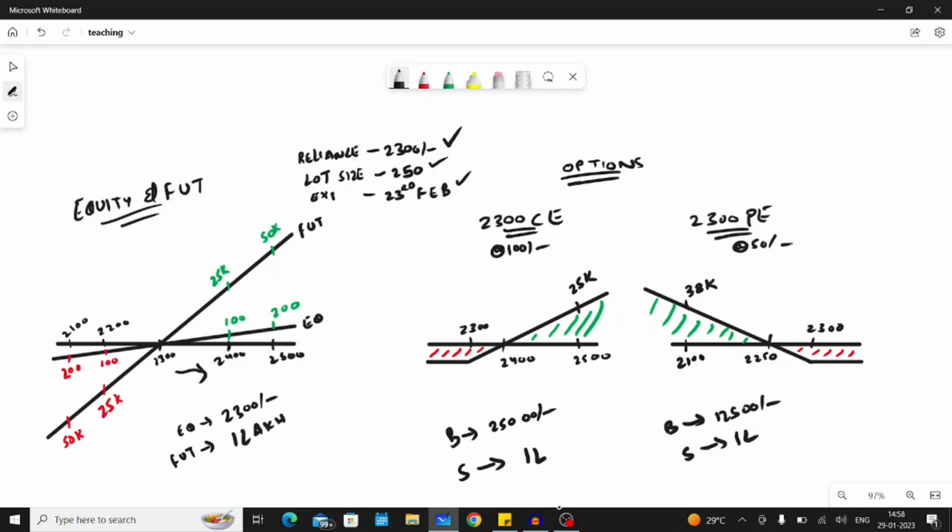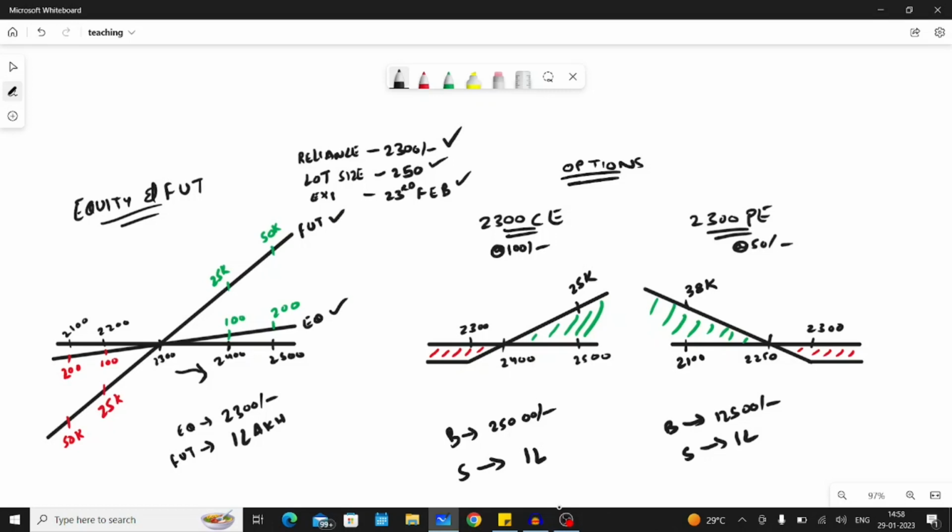But when we see futures, every 100-point move up will give us a profit of 25,000 because the lot size is 250. Similarly, on the downside, every 100-point move will fetch us a loss of 25,000 because the lot size is 250. So this is how the graph of equity and futures will look like.